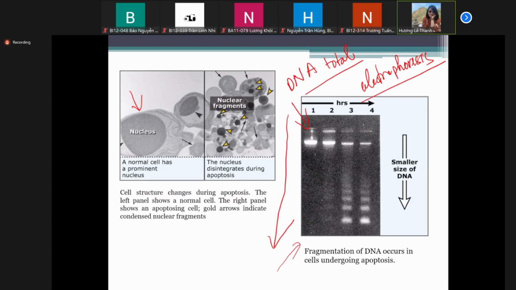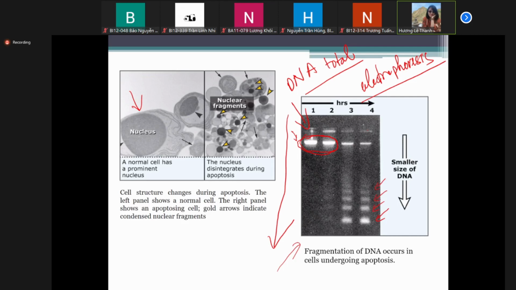If it is normal DNA, the total DNA is really, really big, so it will get stuck in the wells. But the small pieces of DNA will go through the gel, and we can see them like this.